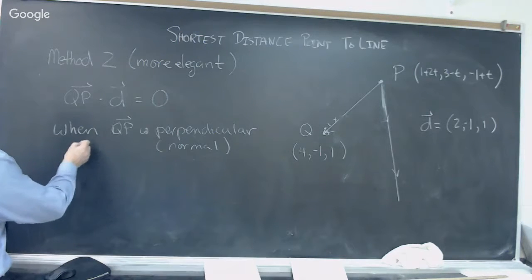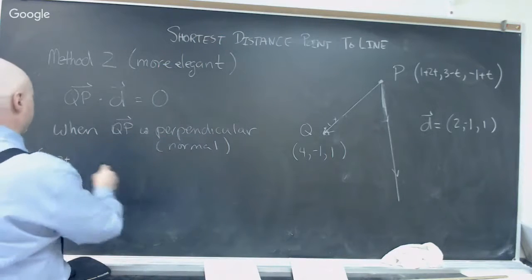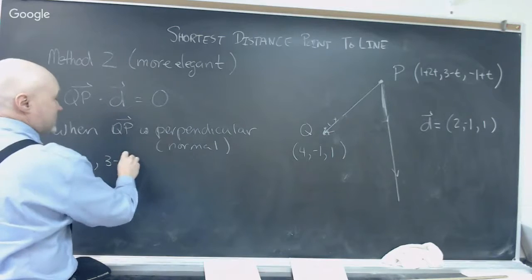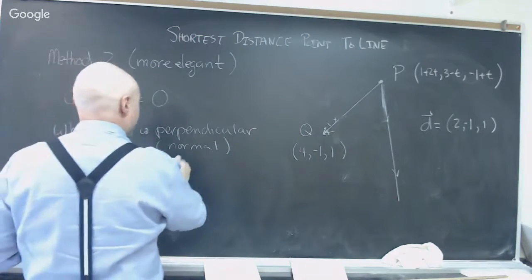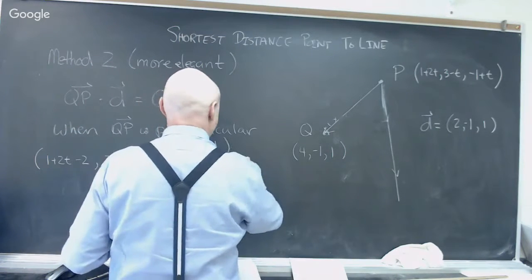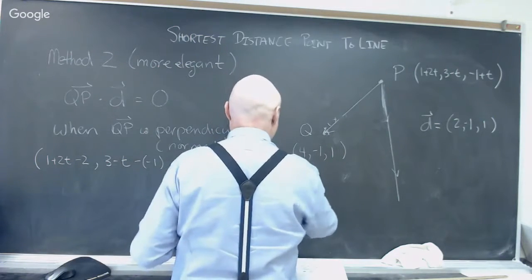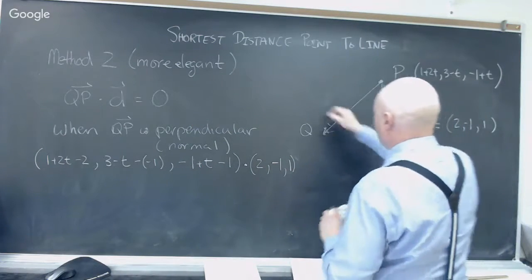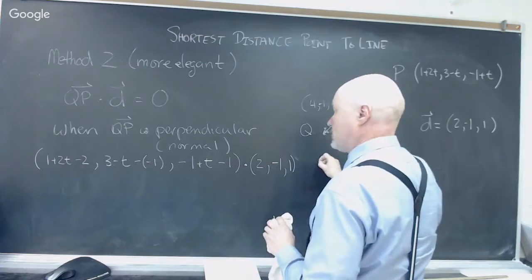Okay, so QP is equal to 1 plus 2t minus 2, and 3 minus t minus negative 1, and negative 1 plus t minus 1. And we're doing the dot product with 2, negative 1, 1. Oh my goodness. And yeah, that's right.